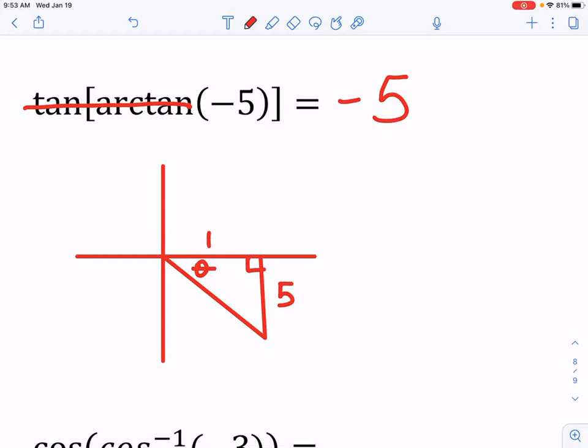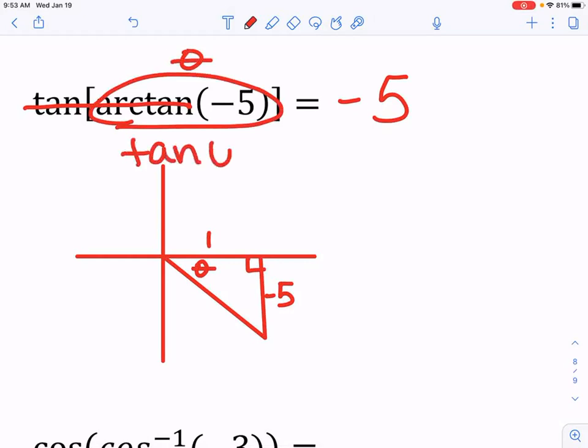Okay, but in this case, it'd be right 1, down 5. Okay, so here's our theta. Now, what is the tangent of theta? Well, the tangent of theta, opposite over adjacent, is -5/1. Okay, should we do another one of those? I think we should.